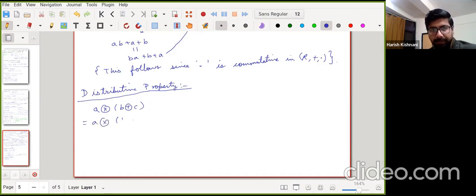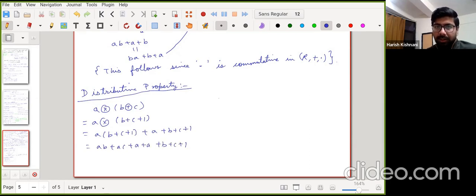So what is B plus C? This is B plus C plus 1. And what is A times B plus C plus 1? This is A, B plus C plus 1 plus A, and then plus B plus C plus 1. So this is going to be AB plus AC plus A plus A plus B plus C plus 1. And what is the other part?